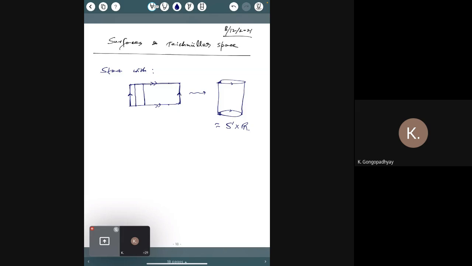Okay, so if you glue these two circles, like you have this cylinder and you glue this circle with that circle, what you do is you just fold it in a way, something like this. Okay, it's a bad picture, but anyway, you fold it in a way and you glue them together.